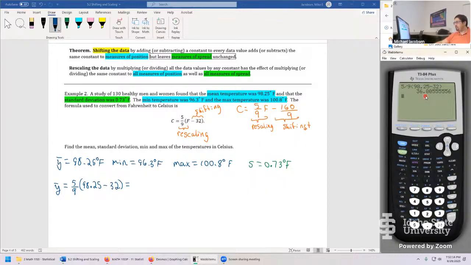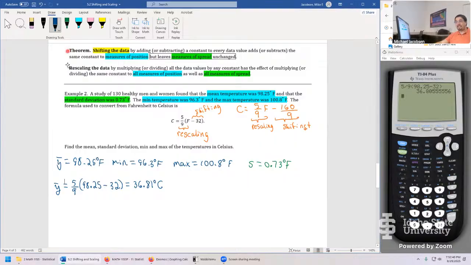It didn't say what to round to, so I'll keep the same amount of decimal places as we see in the data. So this would be 36.81 degrees Fahrenheit. Excuse me, degrees Celsius. And we made the temperature conversion.